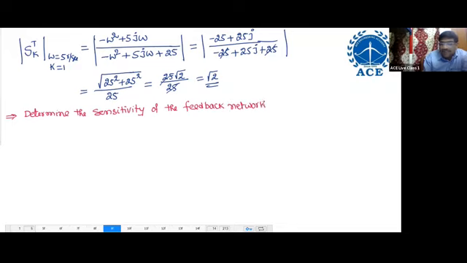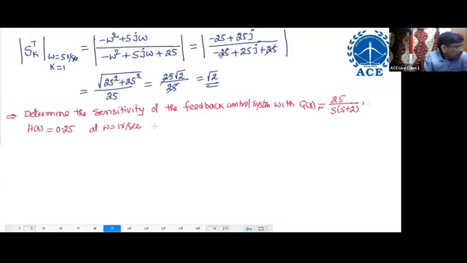Determine the sensitivity of the feedback control system, or closed loop system, with G of S equal to 25 divided by S into S plus 2 and H of S equal to 0.25, at omega equal to 1 radian per second.